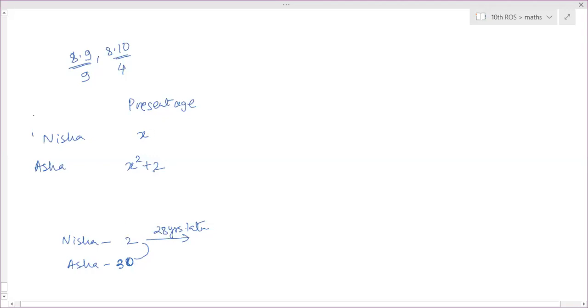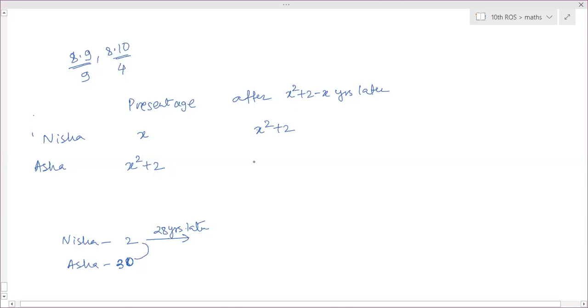When Nisha will become Asha's age, after how many years? x square plus 2 minus x. So after x square plus 2 minus x years later, what will be Nisha's age? x square plus 2.